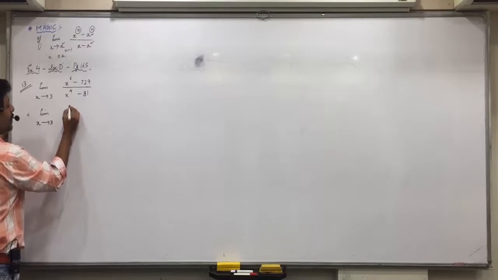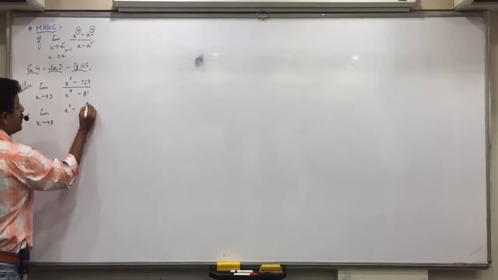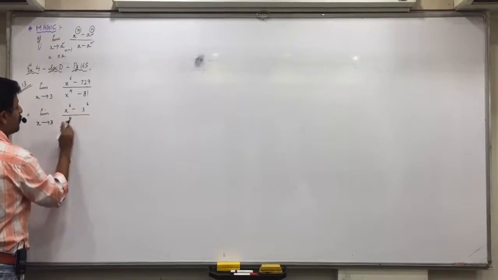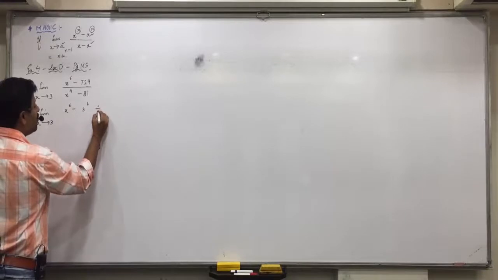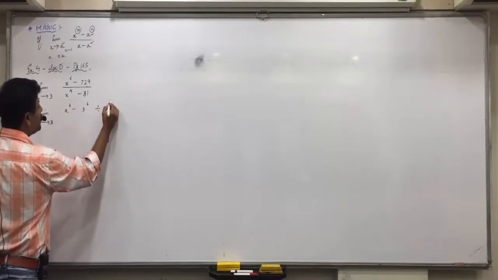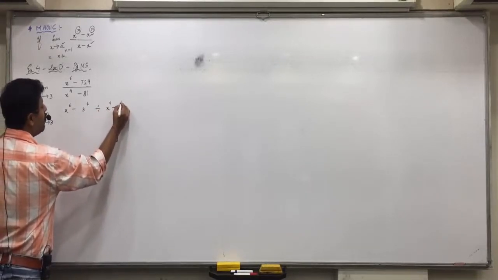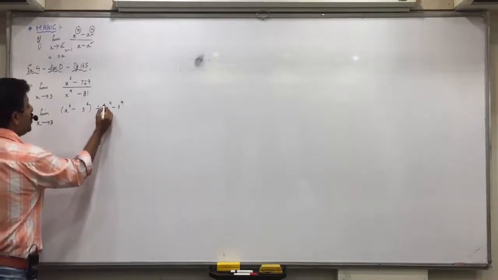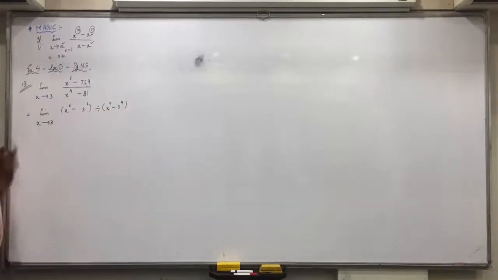Write down, x raised to 6 minus 3 raised to 6, divided by x raised to 4 minus 3 raised to 4. Okay, one more thing. Use the sign of division instead of writing upon. Is the meaning the same or not?